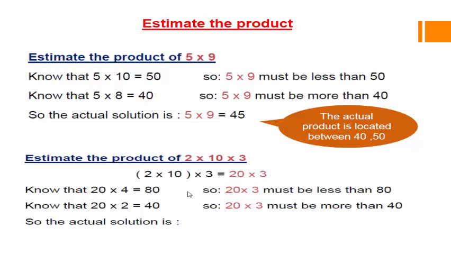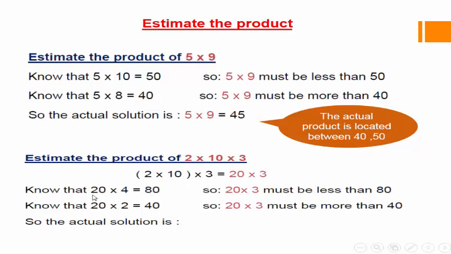Yes, we will use the brackets with the first 2 numbers. So 2 times 10 is 20, times 3. So we turn the 3 numbers into 2 numbers, and then find 2 multiplication problems which are nearest to 20 times 3.